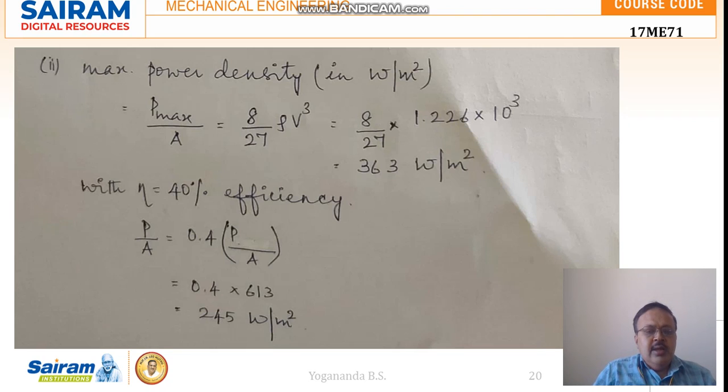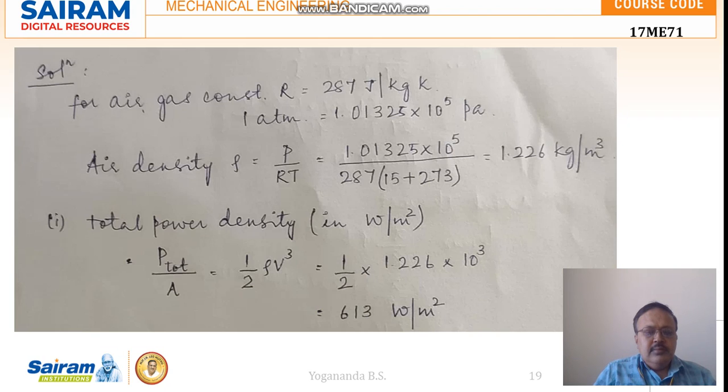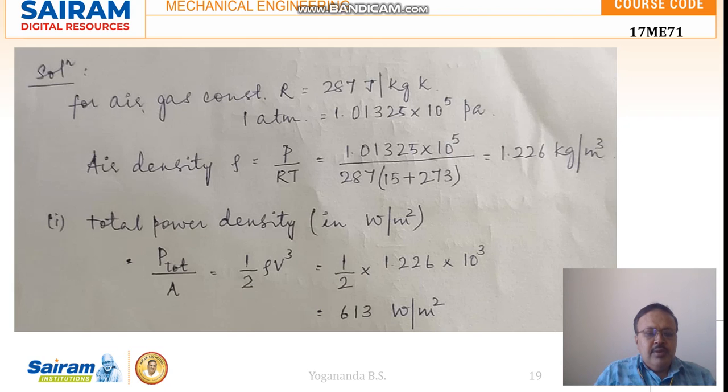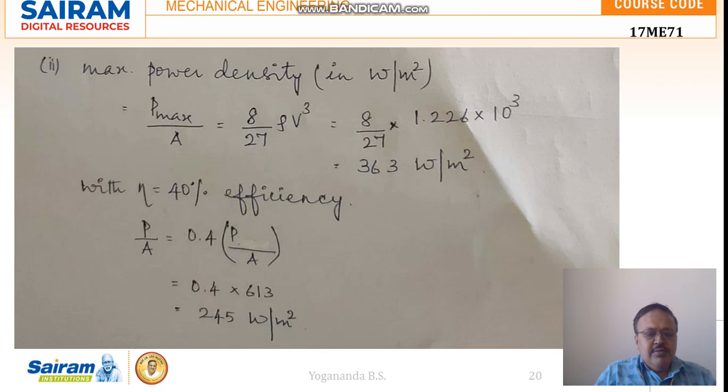If we had 100% efficiency, the wind power density would be 613, but the wind turbine is capable of utilizing 40% of the total wind power. Considering the efficiency as 40%, it is 0.4 times P total divided by A. So 0.4 into 613 gives 245 watts per meter square.